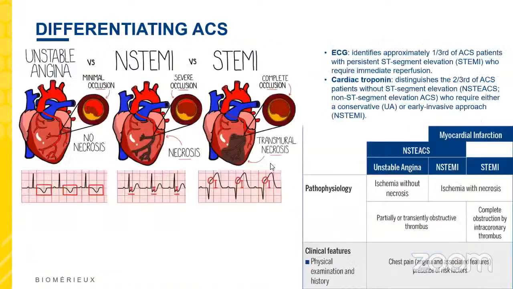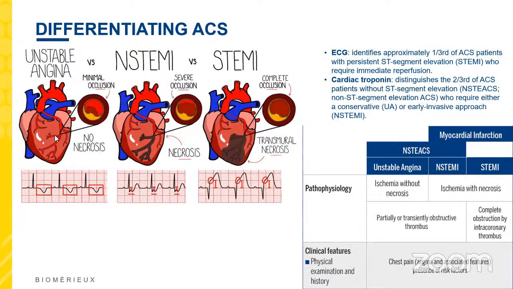Now, they are classified using very complicated terms, which you're seeing here, and some of you might wonder why we need all this. The reason is that when you're looking at troponin, you actually must look at it from this perspective. So the mildest condition is called unstable angina. You have reduced blood flow, very minimal occlusion, and no necrosis. Nothing happens to the section of the heart.